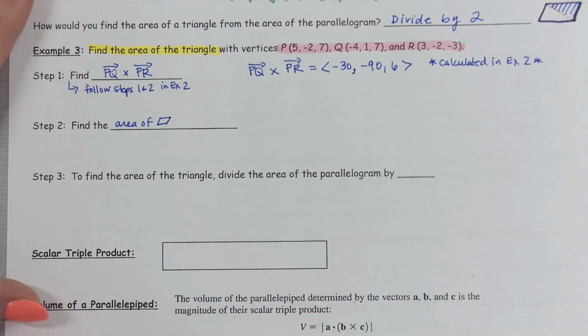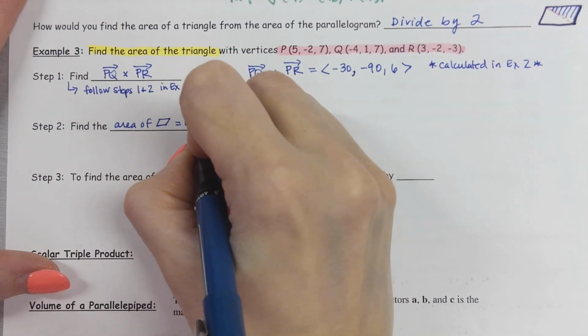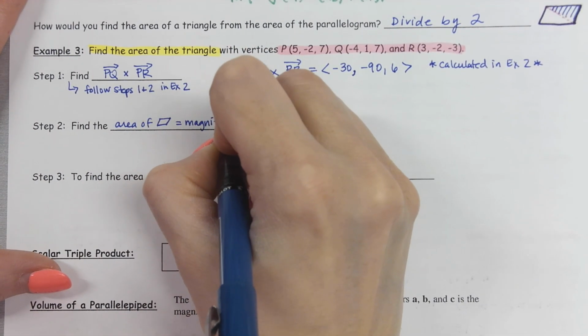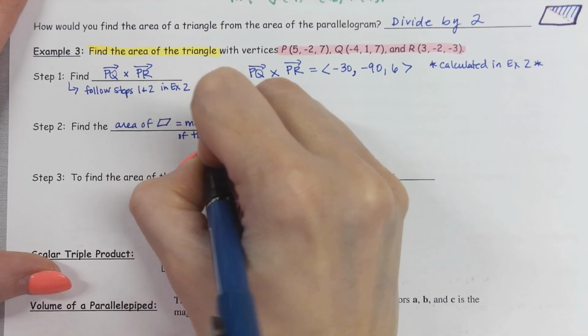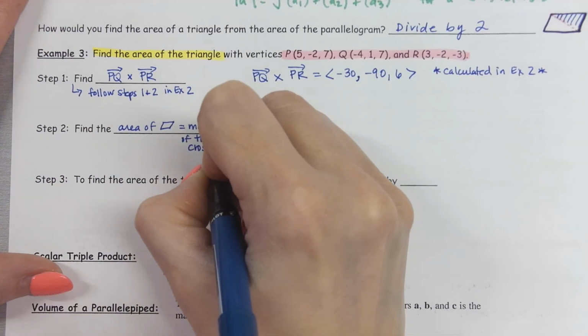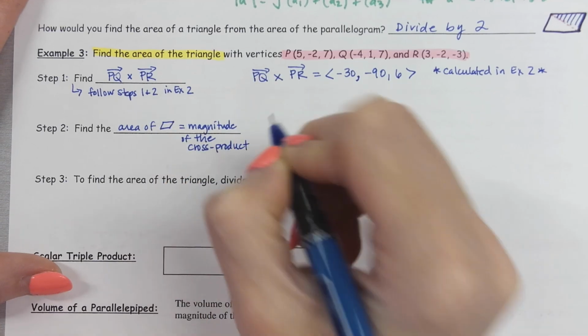Okay, and then we're going to find the area of the parallelogram, which we know is the magnitude of the cross product.